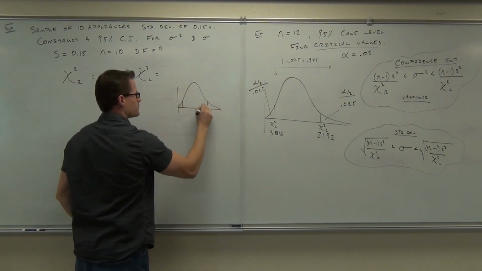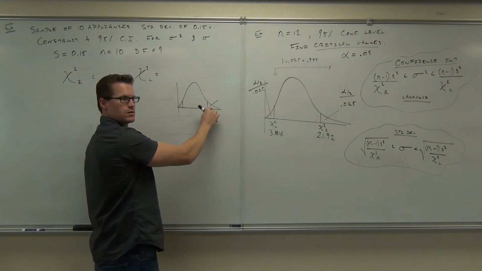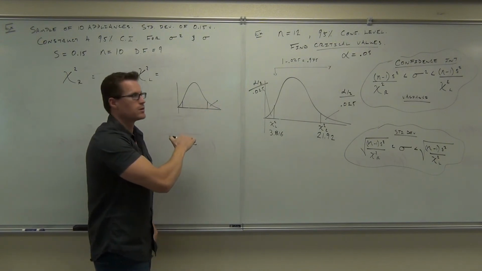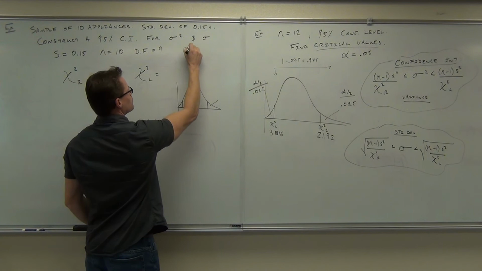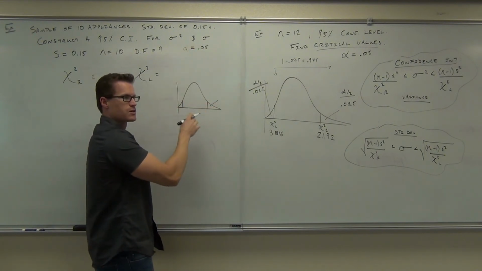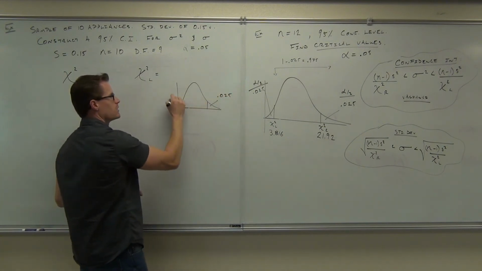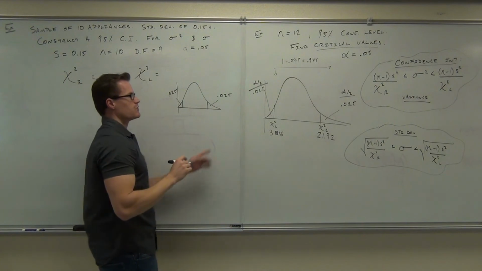Based on our picture, how much area is right here? 0.025. How are we getting 0.025? Because your alpha is 0.05. If our alpha is 0.05, we're splitting that because it's a confidence interval. Confidence intervals have two tails. 0.025 here, that's alpha over 2. 0.025 here, that's alpha over 2.